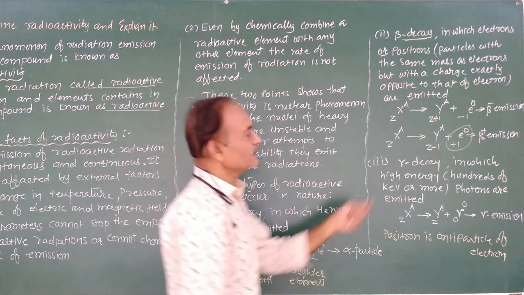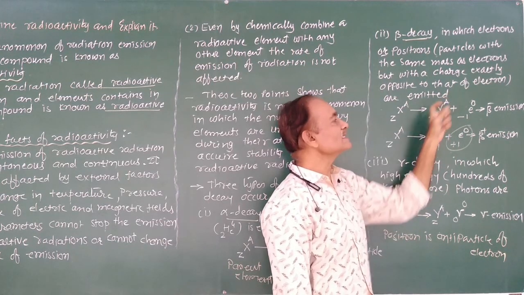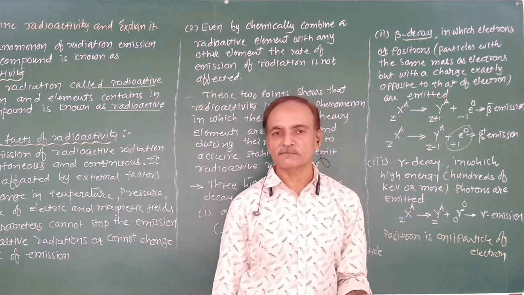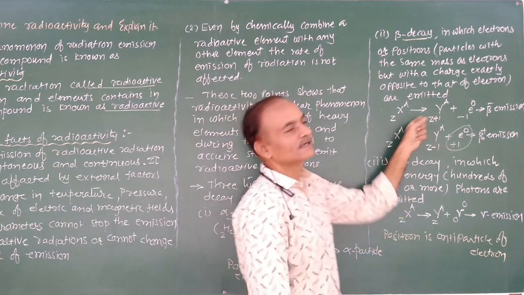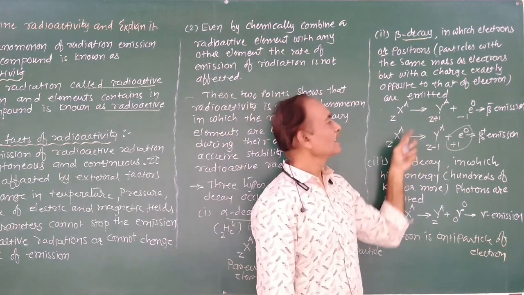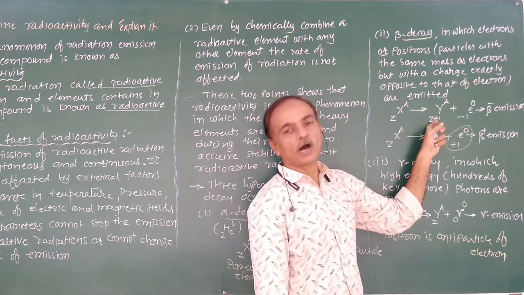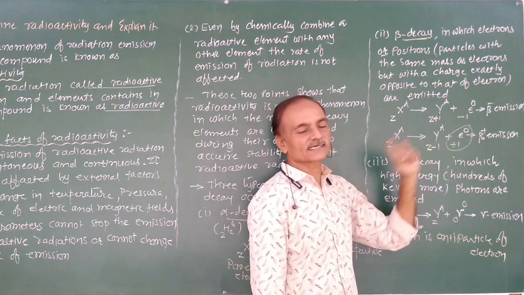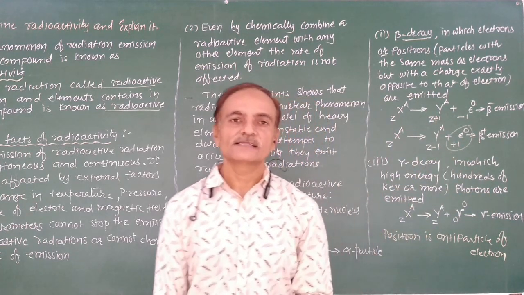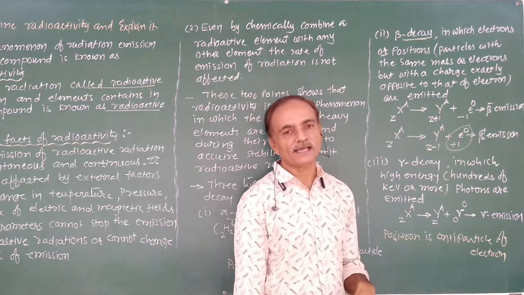When the electron is emitted, the atomic number is increased by 1. And when the positron is emitted, the atomic number is decreased by 1. There is no change in atomic mass number during the beta decay. Only the change occurs in the atomic number.